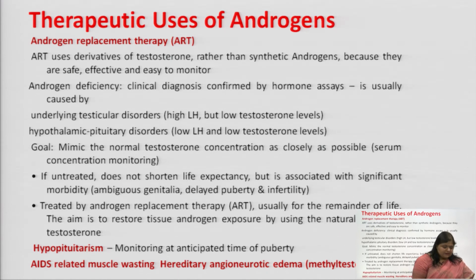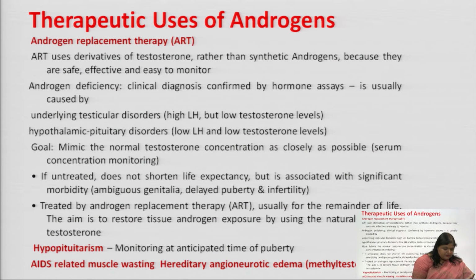So in that case, the goal is to mimic the normal testosterone concentration as closely as possible, so that the proper concentration of testosterone is maintained in the serum. So the aim is to restore the tissue androgen exposure by using the natural androgen testosterone.